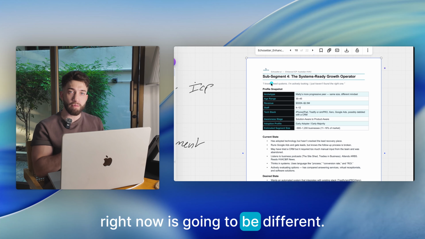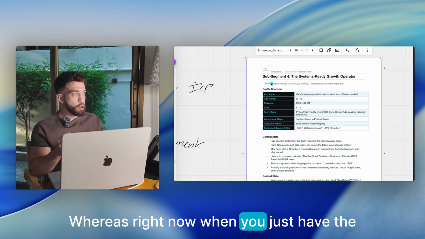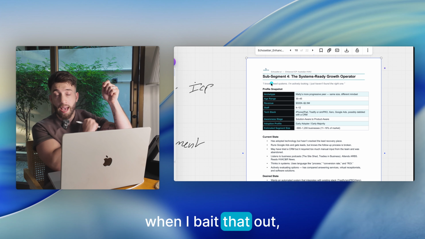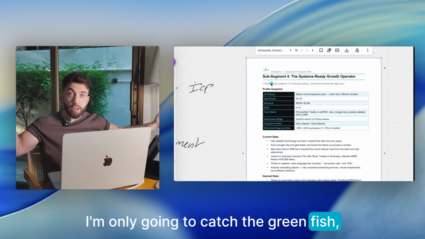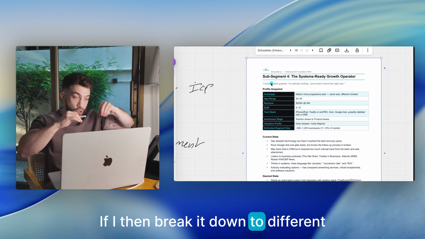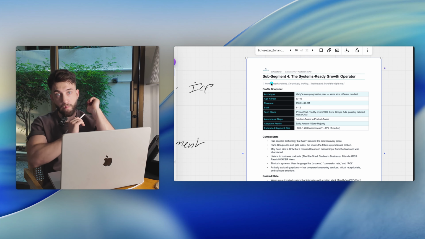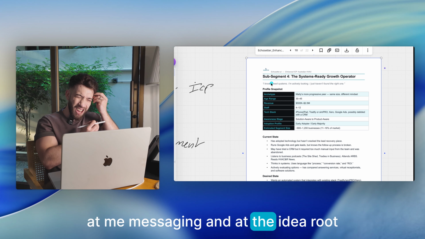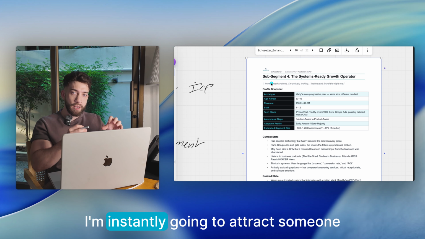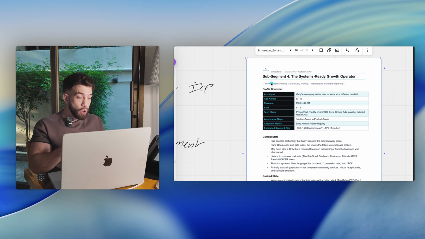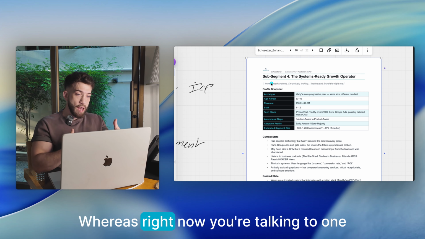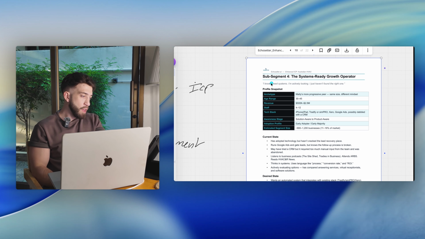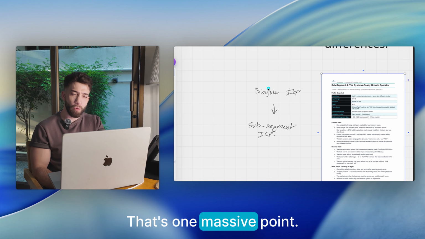Whereas right now, when you just have the HVAC singular bait, when I bait that out, I'm only going to catch the green fish. If I then break it down to different baits and throw them into the ocean of Meta, at the messaging and idea root level, I'm instantly going to attract someone who goes, oh, I feel that, that's me. Whereas right now, you're talking to one person and one person only in a sea of different people. And that's one massive point.